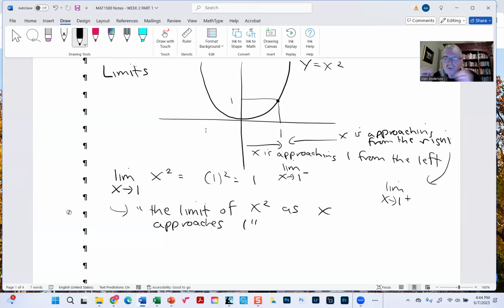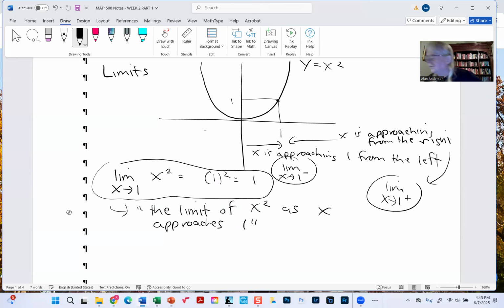The two can be different from each other. And so sometimes it's important to be able to indicate which direction we're coming from. Some of our results will depend on whether we're approaching from the left or from the right. So most of the time we'll see this notation, but sometimes we'll need one of these two.